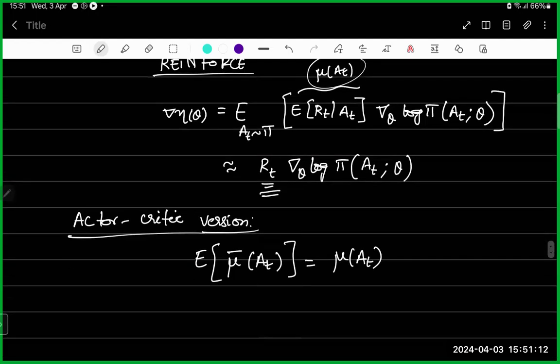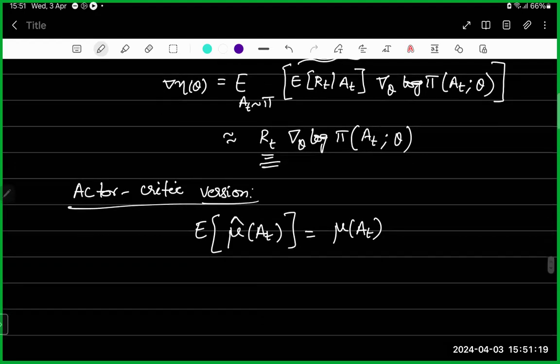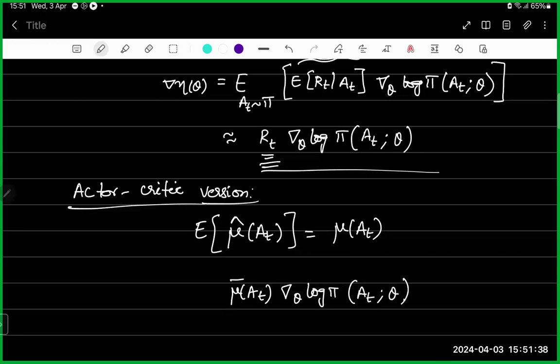So this is what is called the critic. You just maintain some estimate, and generally we take the estimate to be the sample average. So what will we substitute here instead of this? We'll substitute mu bar of AT into the gradient of log pi.